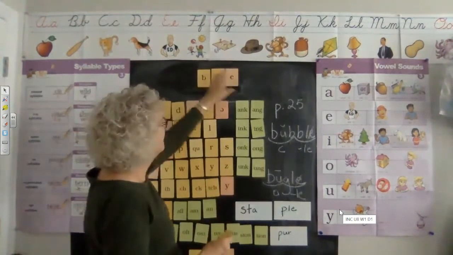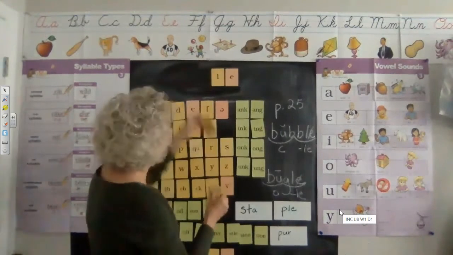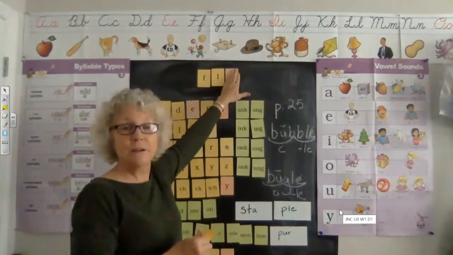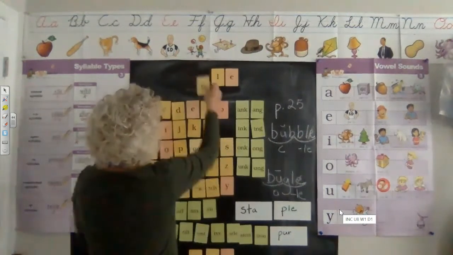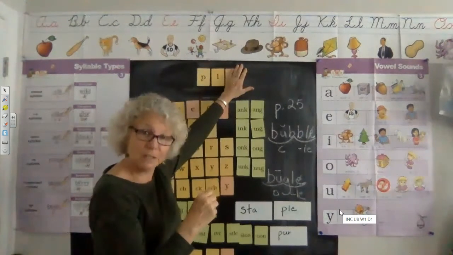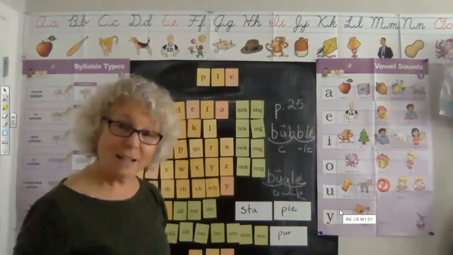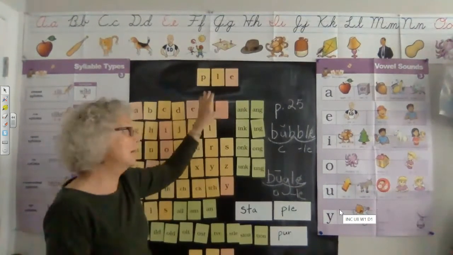Change it to a B, it becomes bole. Very nice. Change it to an F, it becomes foal. And my last one, if I change it to a P, it becomes pole. That's right.